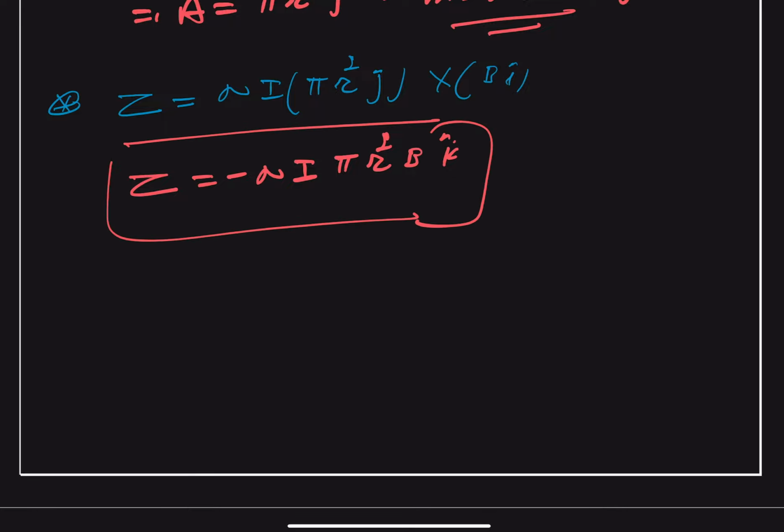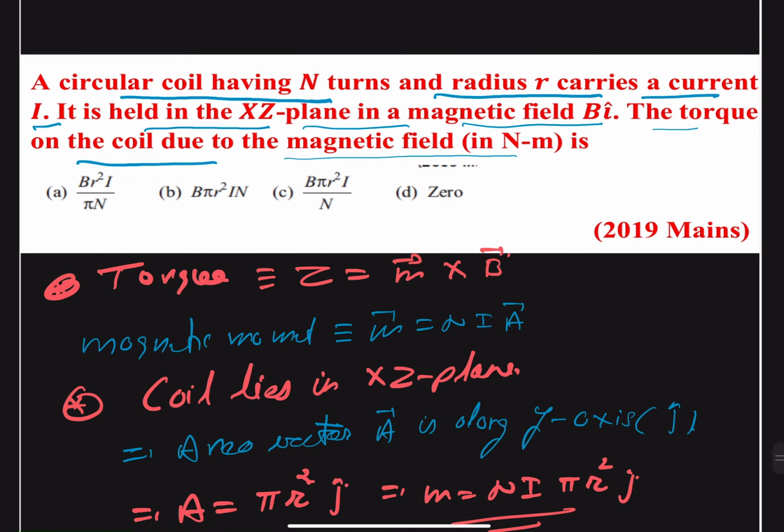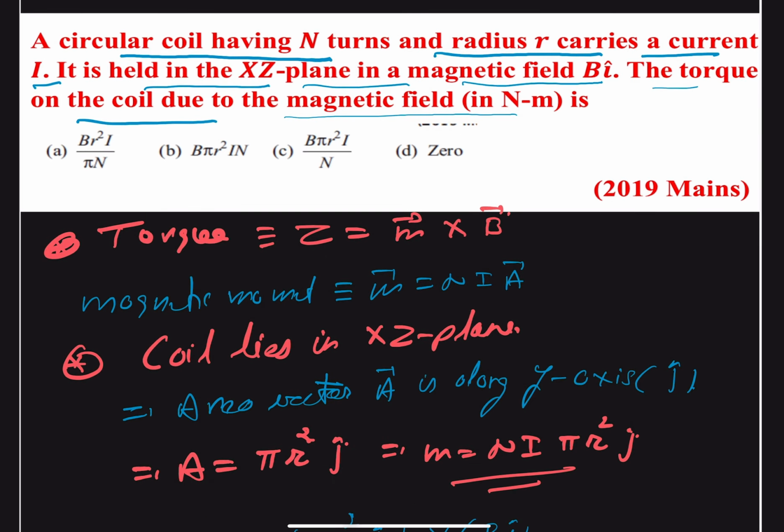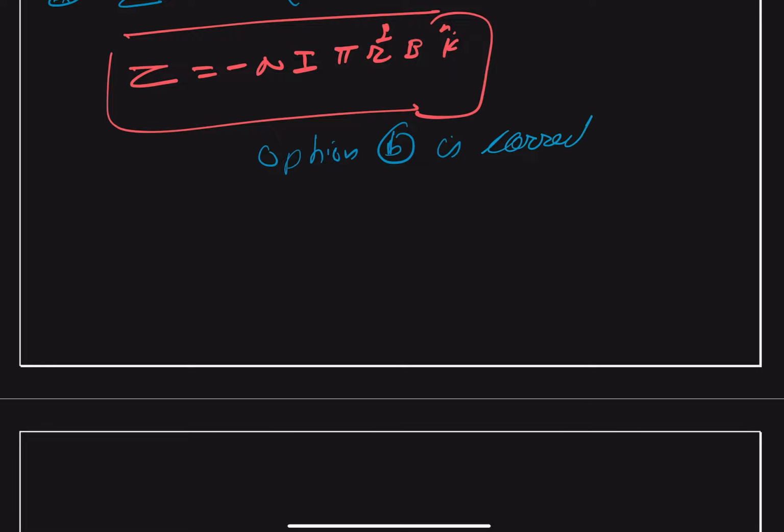So this is our torque on it. So we have this as N I pi r square B, option number B. Magnitude is only mentioned, so we can say option number B is the correct one. Option B is correct.